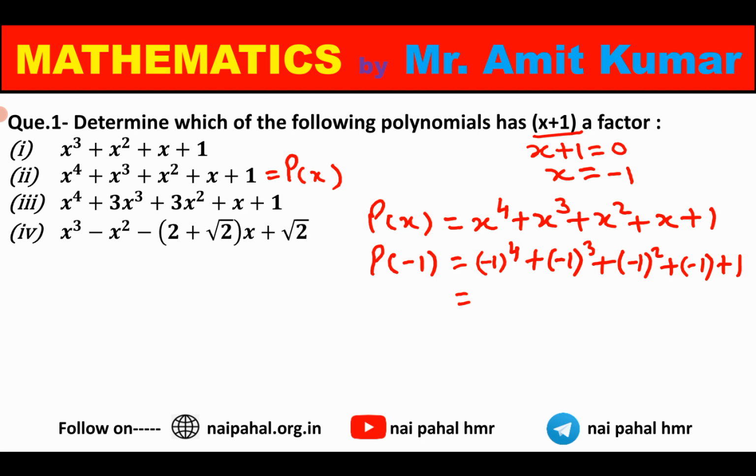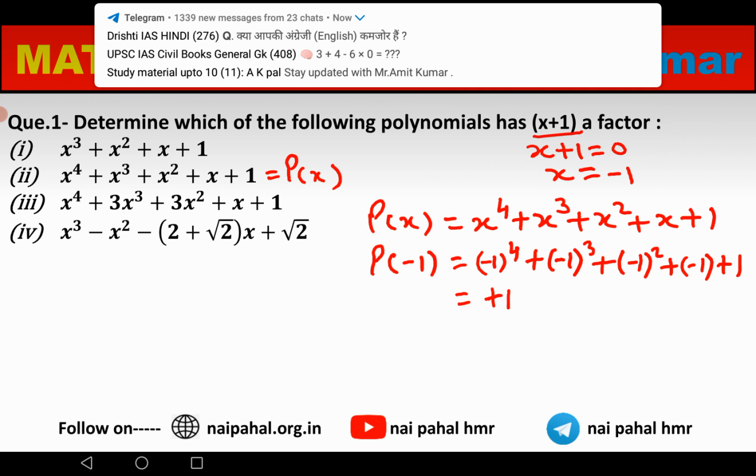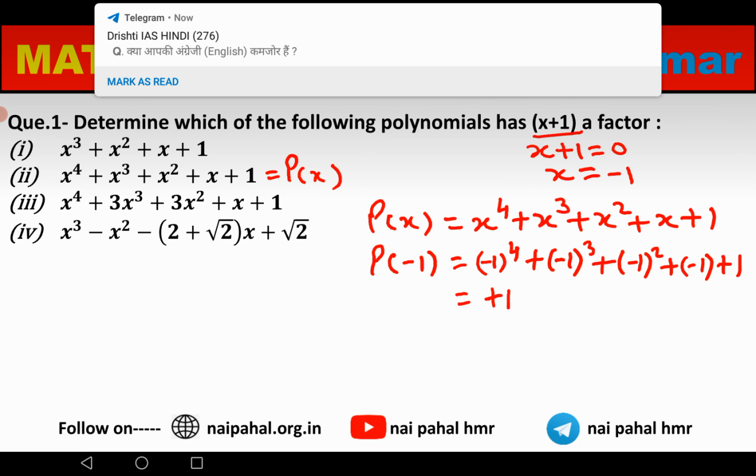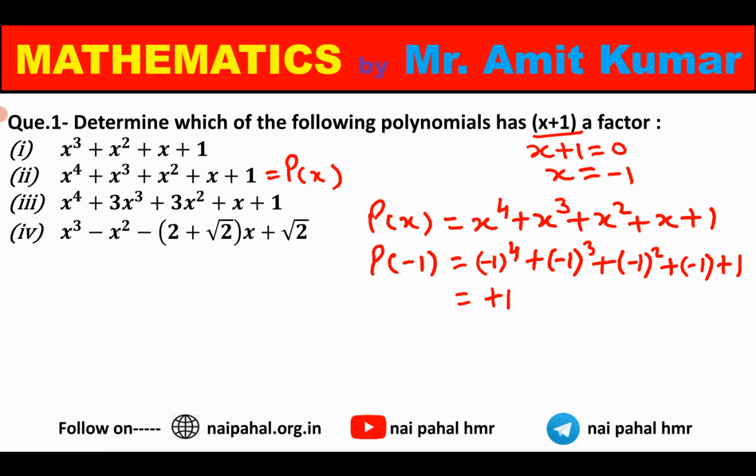In that case, power 4 of minus 1 will be plus 1, minus 1 to the power 3 will be minus 1, minus 1 to the power 2 will be plus 1, and minus 1 plus 1. So you can see that 3 positive and 2 negative, so we will have remainder as 1.